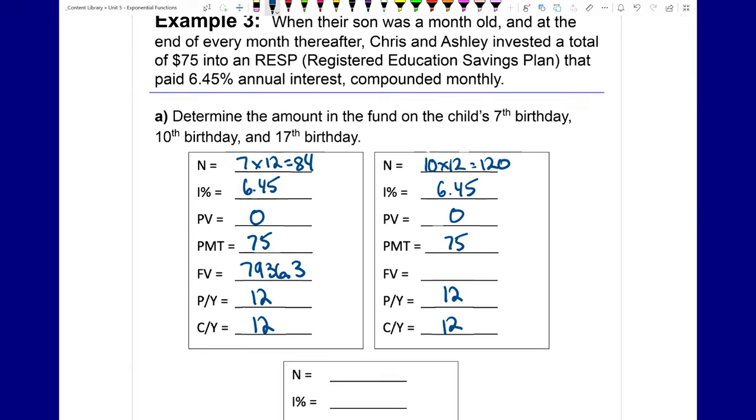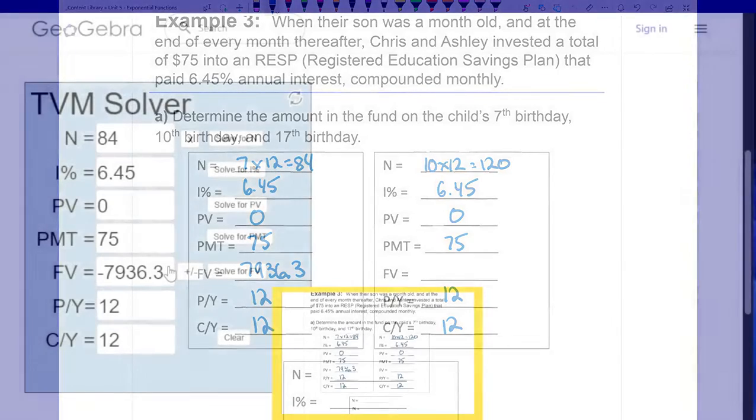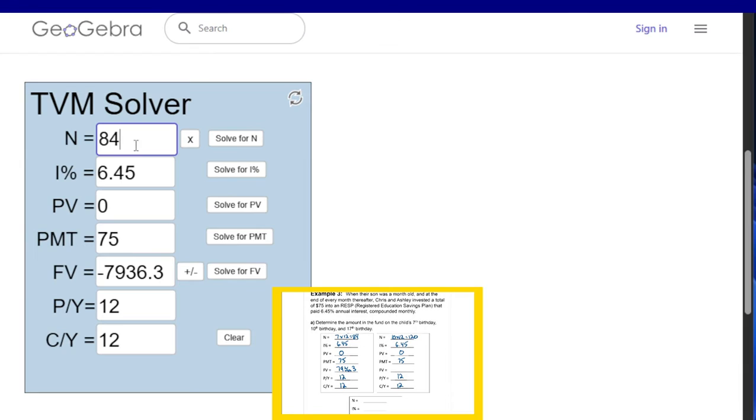We can just assume it's a separate calculation with a larger n value. So if we go back, we can just change this to 120, click solve, and we can see our future value is going to be $12,595.78.